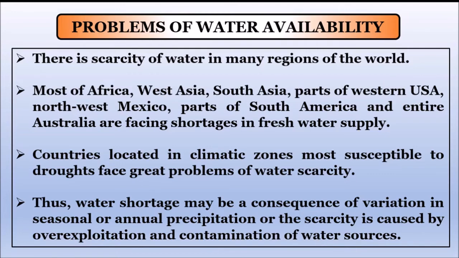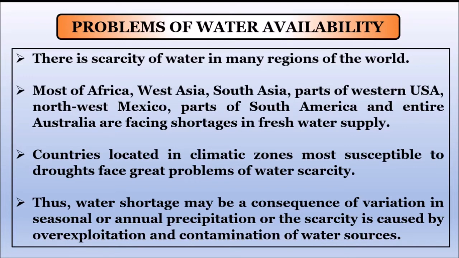When we take into consideration the problems of water availability, many places in the world are facing the same problem of water shortage: the majority of Asia, Australia, Africa, Mexico, Western USA and various South American countries.